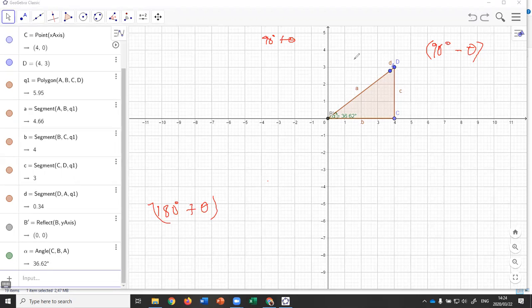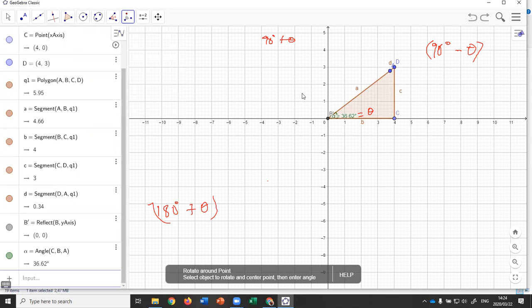Now, our theta, as I said, for this exercise will be 36.62. So let us see what is 180 minus theta. So 180 minus 36.62 gives me 143.38. So I'm going to go ahead here and rotate this angle anti-clockwise, around the point.